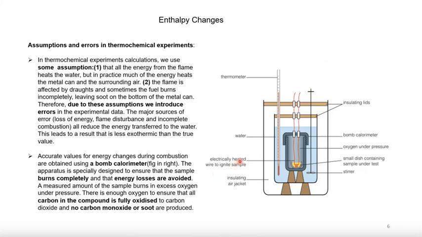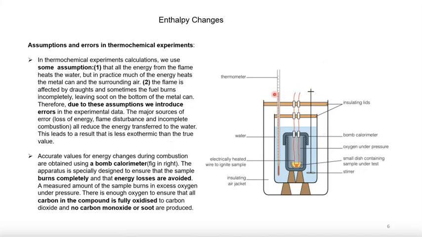Therefore we do the experiments to avoid energy losses as much as we can, and burn the combustion reactant so that there is no carbon left, so carbon monoxide or soot are not produced. These are the ways we do the experiment, and with the bomb calorimeter we reduce the error in the experiments.